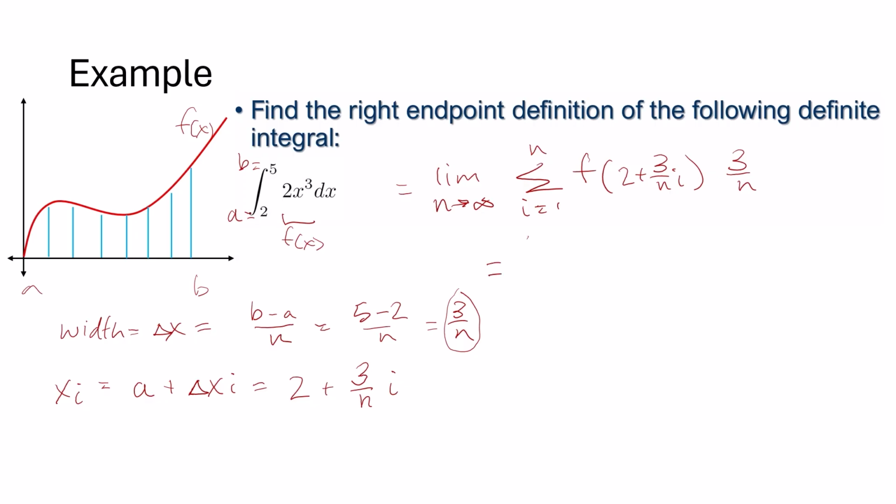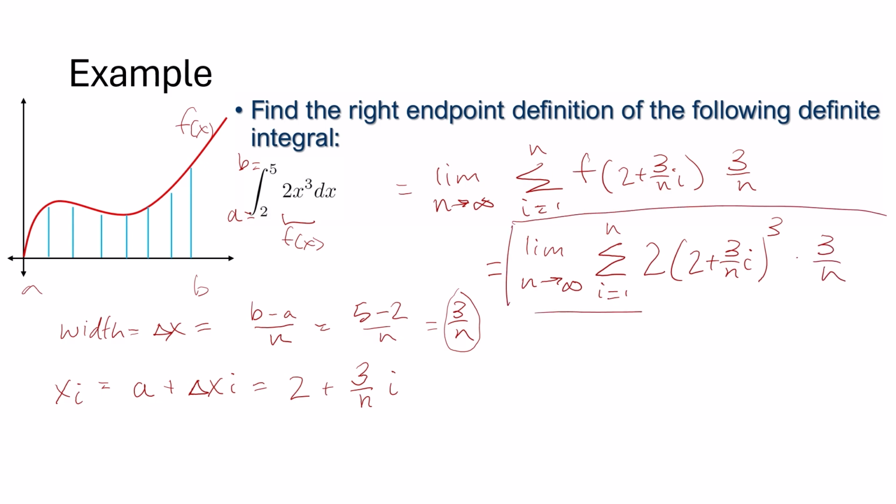So we can write that this is equal to the limit as n approaches infinity of the sum from i equals 1 to n of f of 2 plus 3 divided by n times i. Plug this into our function: 2 times 2 plus 3 divided by n times i cubed. And then we need to multiply by our delta x. And this would be the answer for a problem like this.